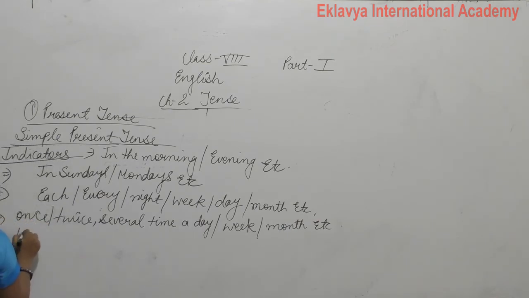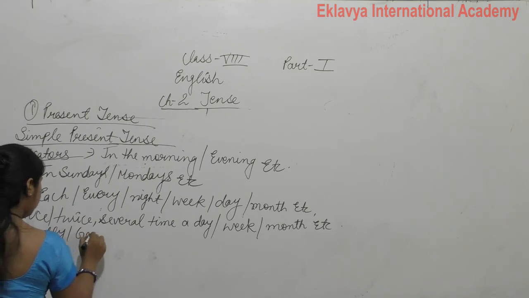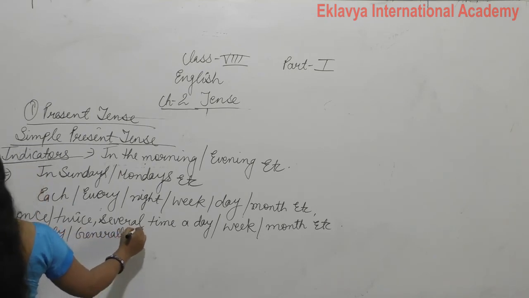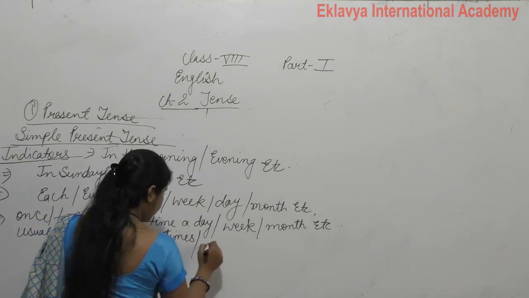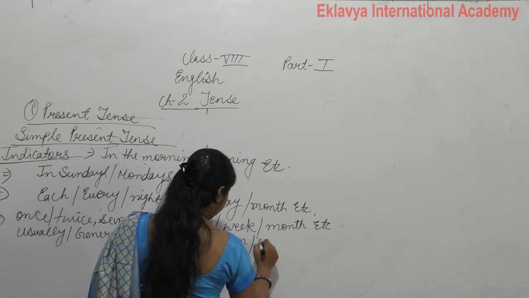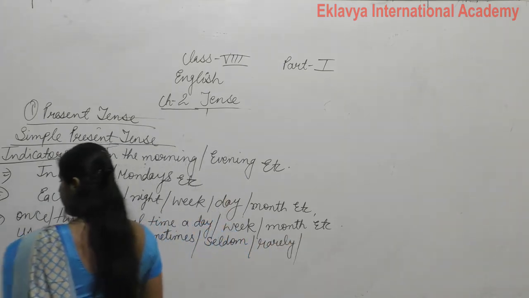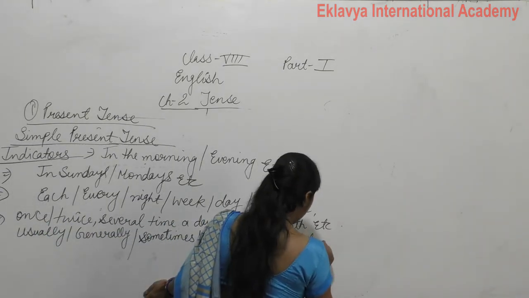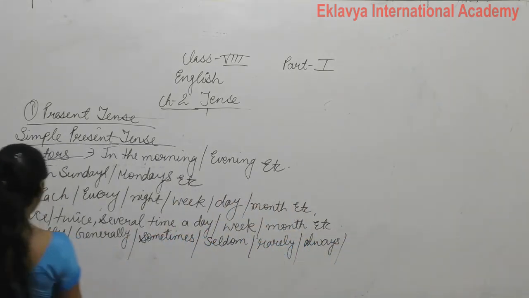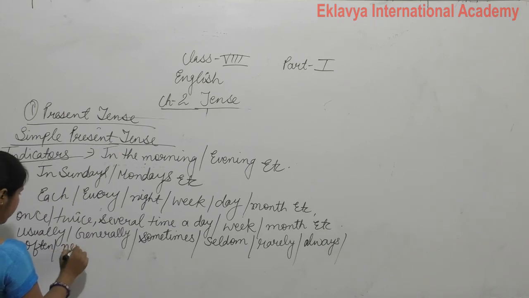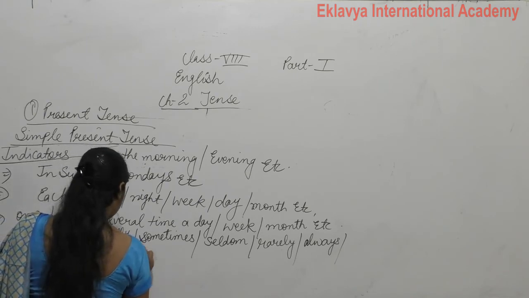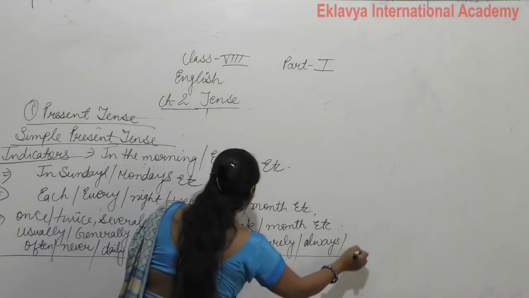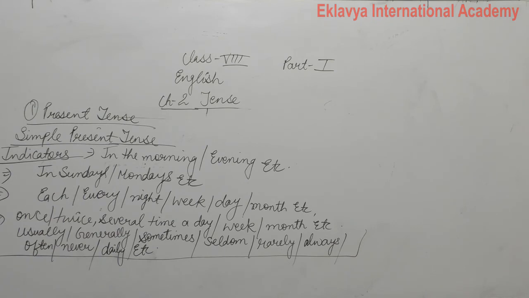Next: usually, generally, sometimes, seldom, rarely, always, often, never, daily, etc. So these are the identification indicators, meaning how we identify that a sentence is simple present tense.